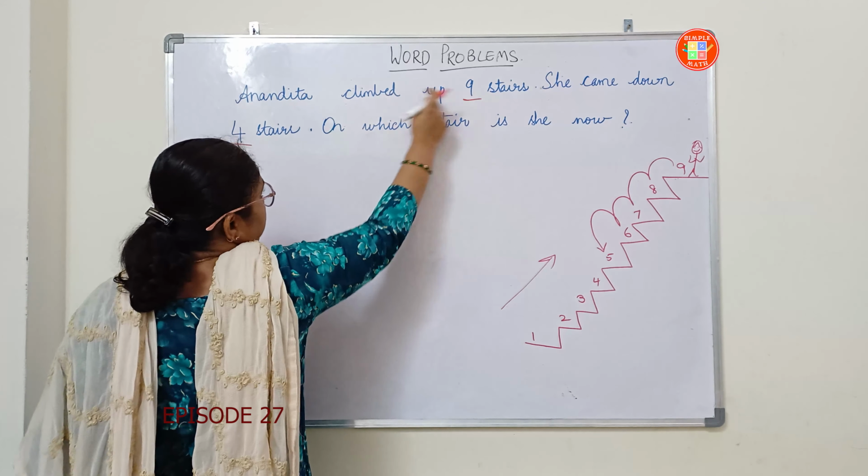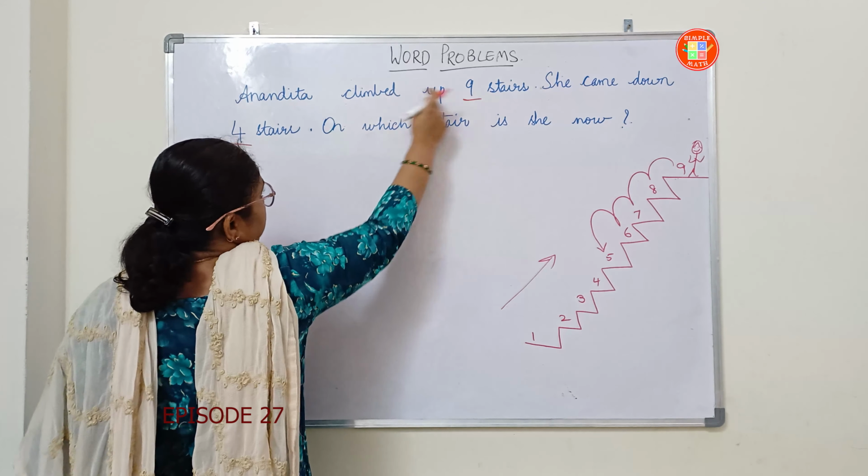The final statement we will write as: Anandita is on 5th stair now. Okay, where is she? Anandita is on 5th stair now.